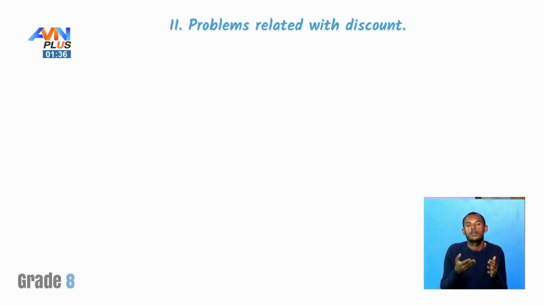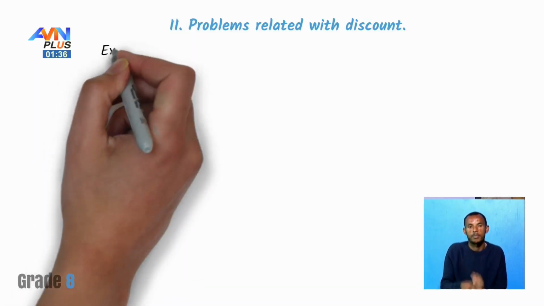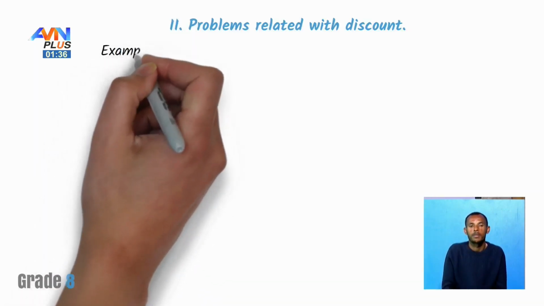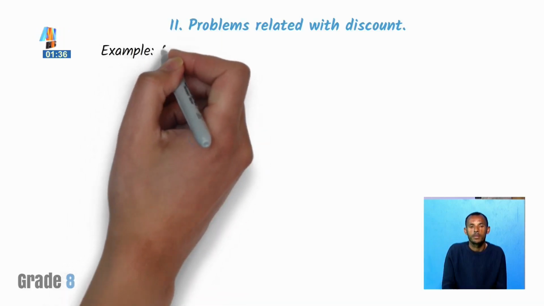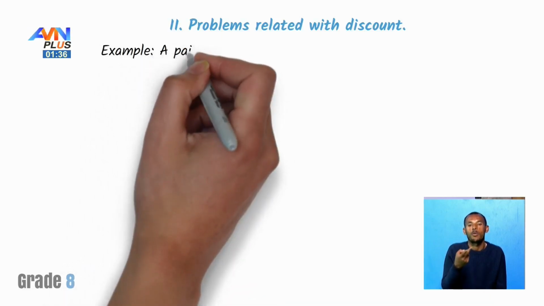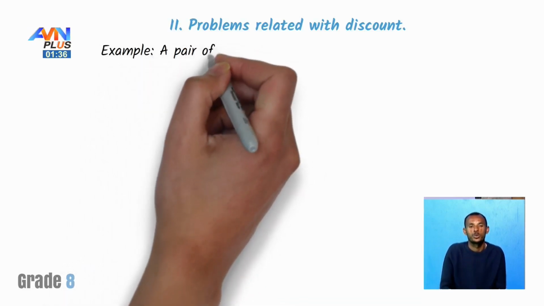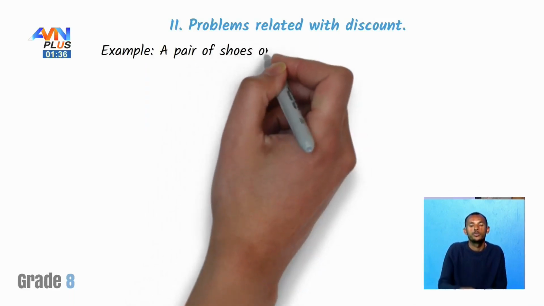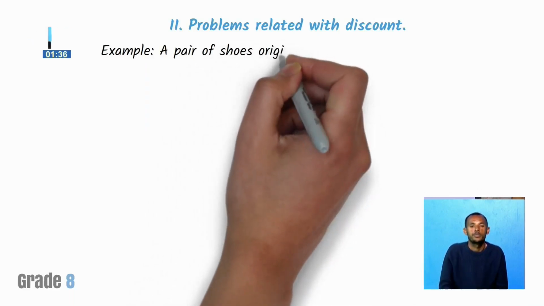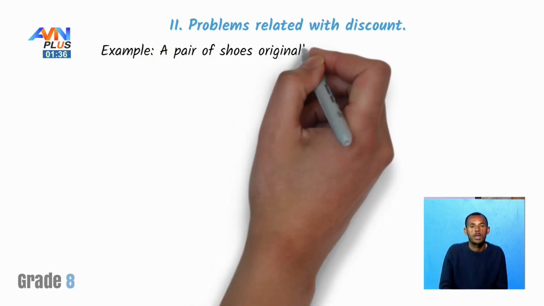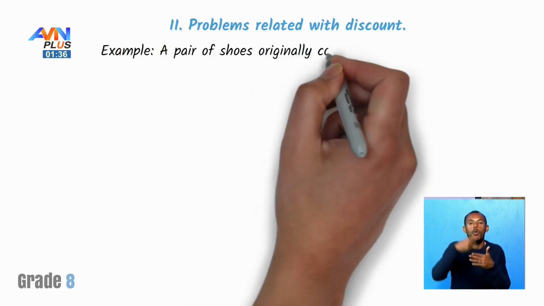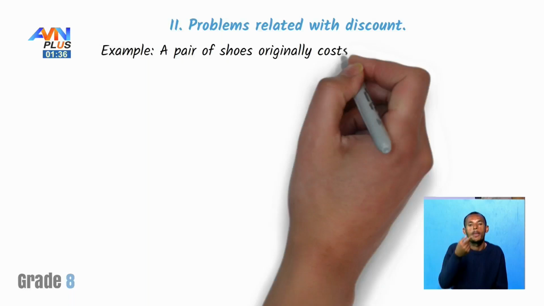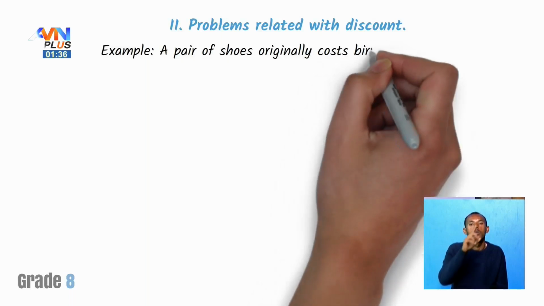For example, a pair of shoes originally costs 1,200 birr.